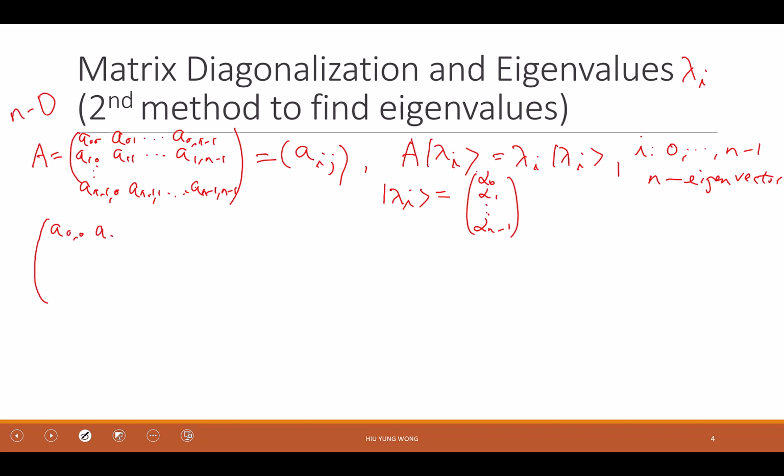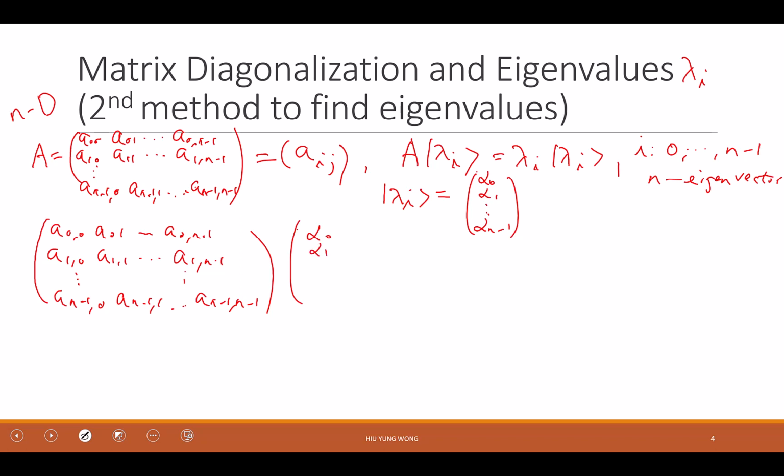A0,0, A0,1, all the way to A0,n minus 1; A1,0, A1,1, all the way to A1,n minus 1; through A n minus 1,1, all the way to A n minus 1, n minus 1, times alpha 0, alpha 1, all the way to alpha n minus 1, equals lambda.